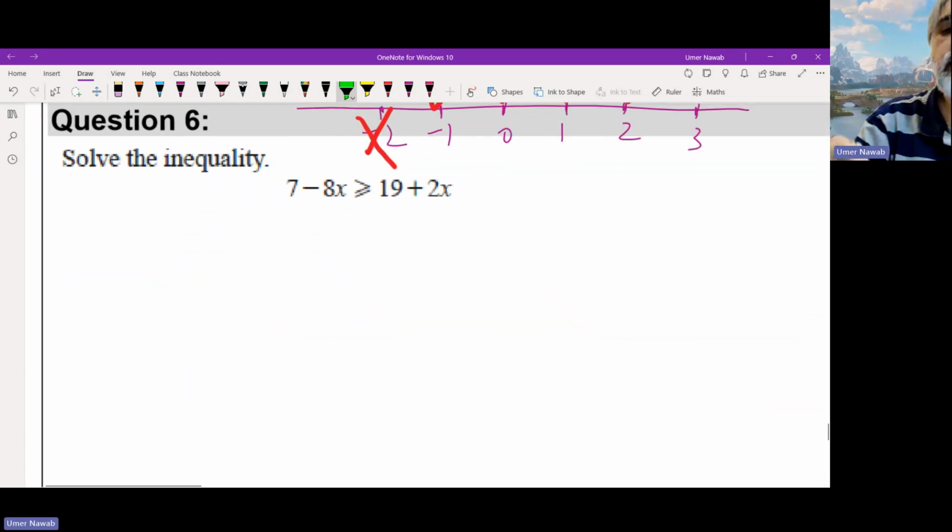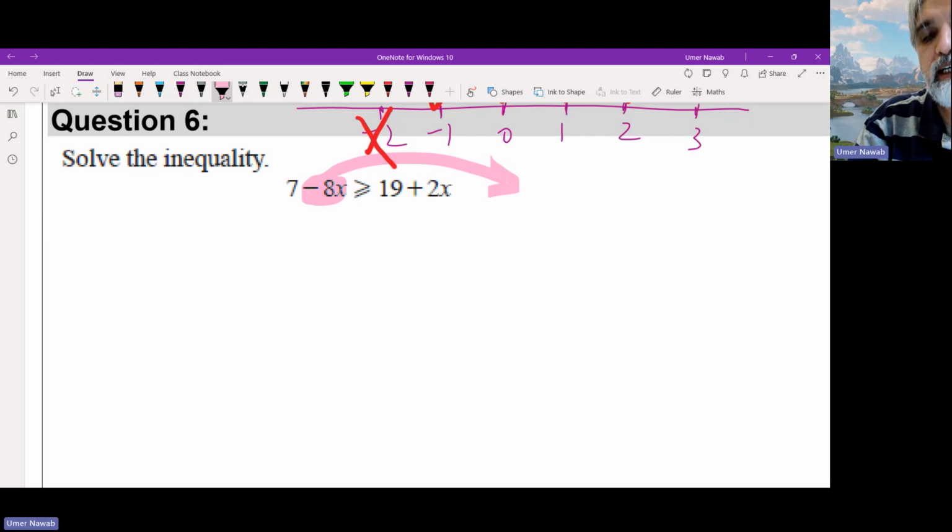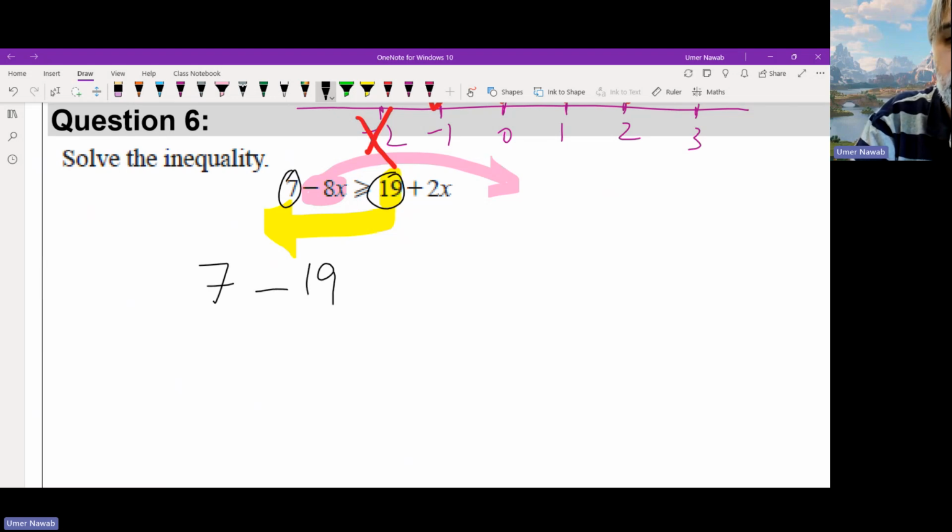If I look at question number 6, guys, I need to make the rearrangement. You know that my aim is always to make my x positive. That's why I will push the minus 8x to the right and the 19 to the left. So 7 is already there. I copy it. Plus 19 changes to minus 19. Don't change the sign of the inequality. 2x is already there.